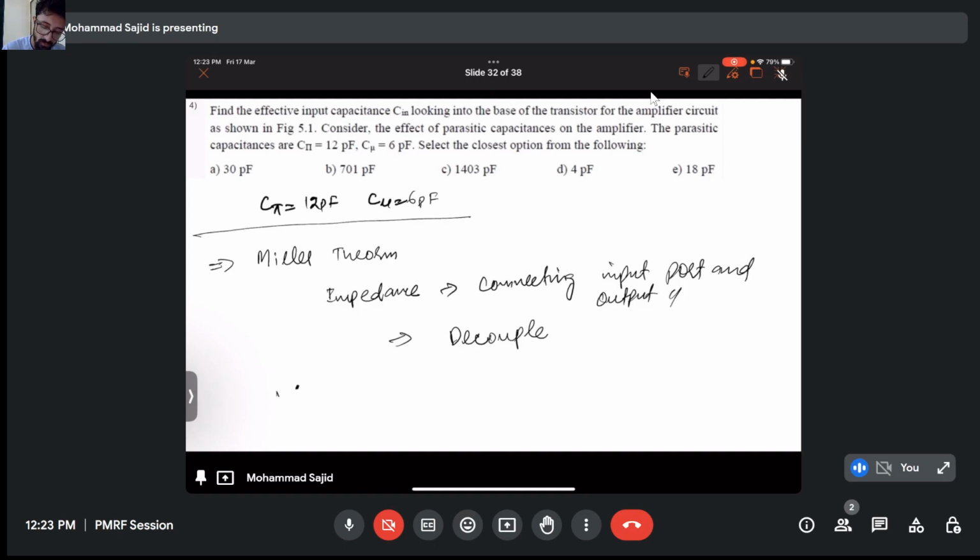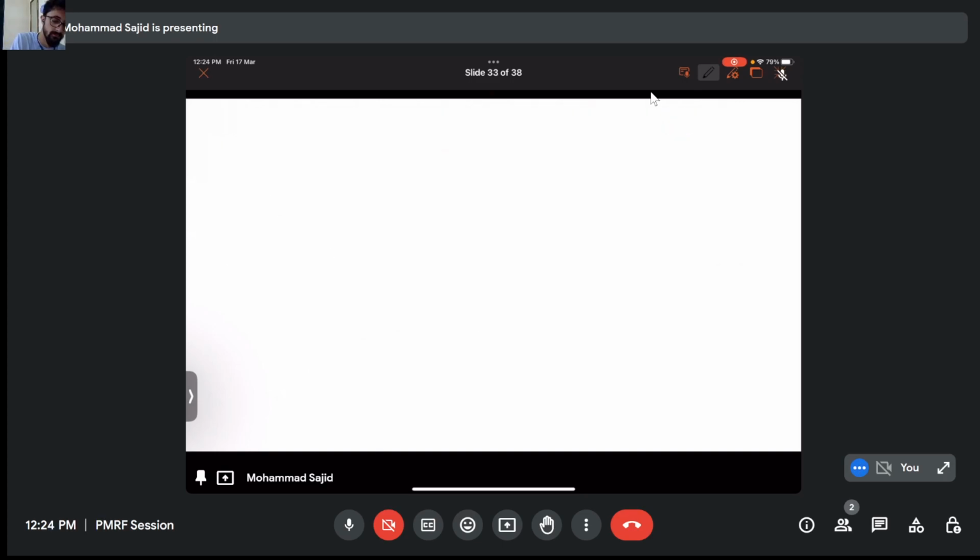So if this is my V1, this is AV, this is V2, and this is Z, you can decouple them and write it as Z1 and Z2, where Z1 is given as Z times 1 by 1 minus AV, and Z2 is given as Z times AV by AV minus 1.